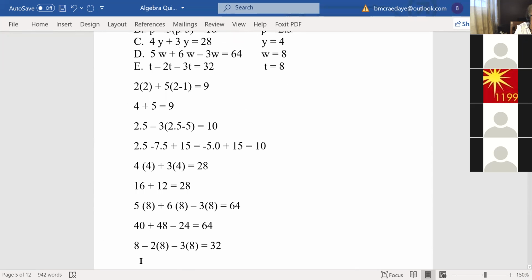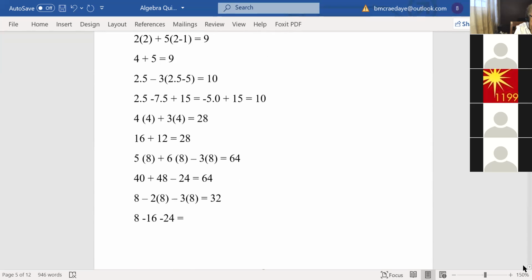Okay, so we have 8 minus 16. And minus 3 times 8 is what? Minus 24. Now, what is that equal to? A minus 16 and a minus 24 is minus 40, and that's going to be equal to minus 32.